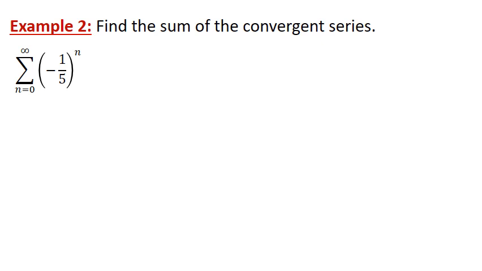Okay, so here it says find the sum of the convergent series. So if I want to find the sum of a convergent series, then according to theorem 9.6 from a previous slide, that is found by taking the first term and dividing it by 1 minus the common ratio.